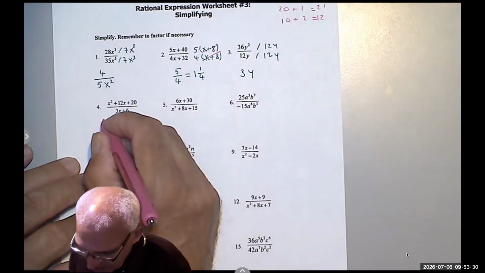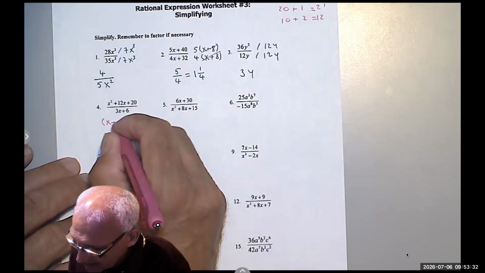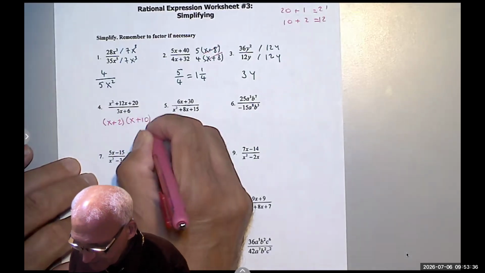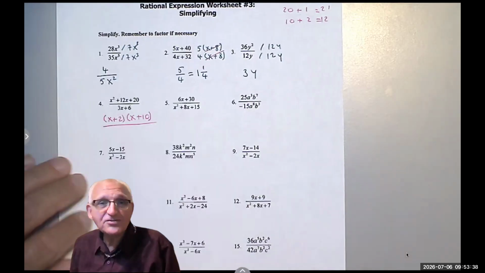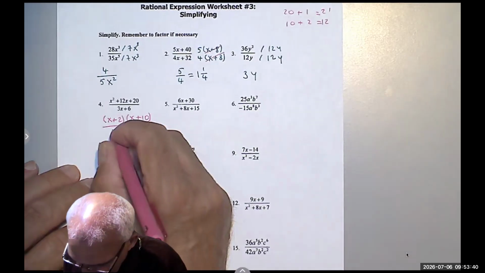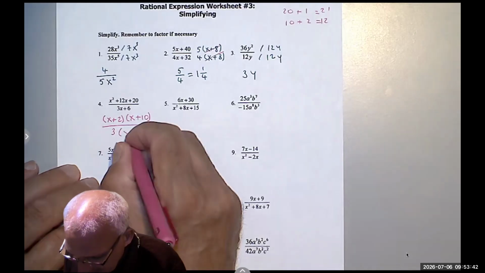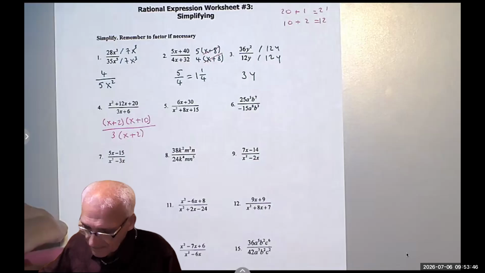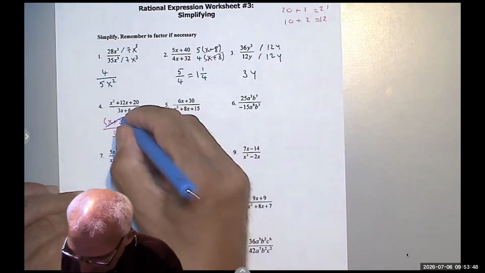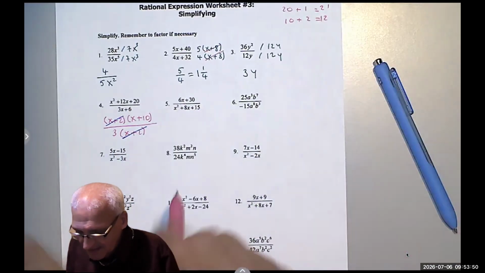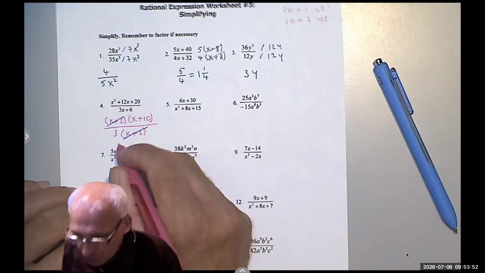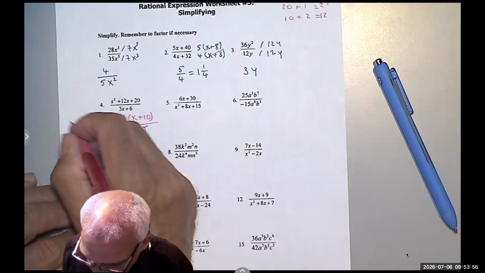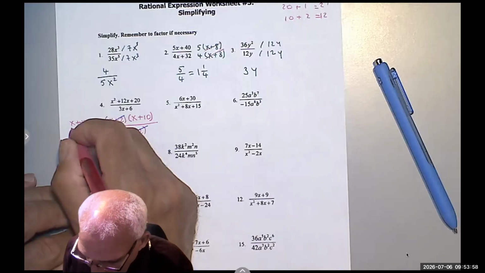So I factor the numerator as x plus 2 times x plus 10. The denominator has a 3 as a common factor, so I factor out the 3 and I get x plus 2. I see that the x plus 2 and the x plus 2 can cancel, and I get x plus 10 over 3. You can write it here, x plus 10 over 3.